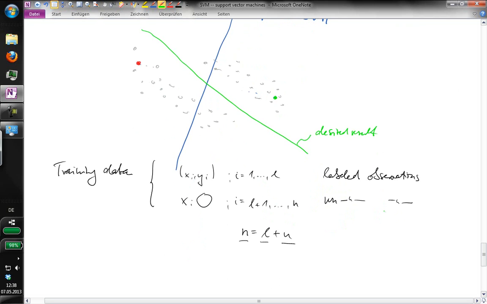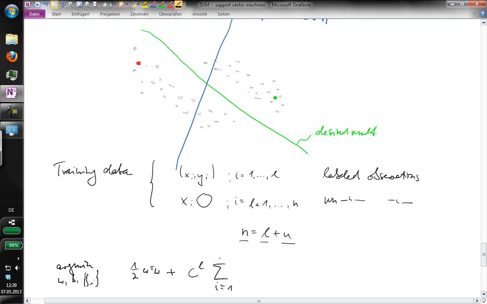So how do we do it in terms of math? I want to again find the optimum parameters and slack variables. I have again the regularization term. I now have two constants. CL is the constant associated with the labeled examples.